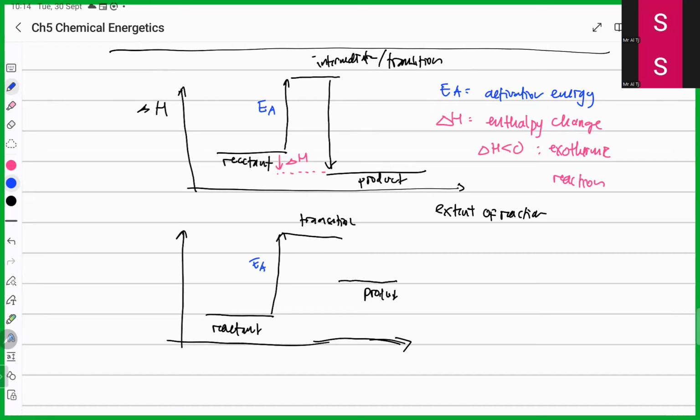The activation energy is always positive, and the second one, enthalpy change of reaction, is also positive.